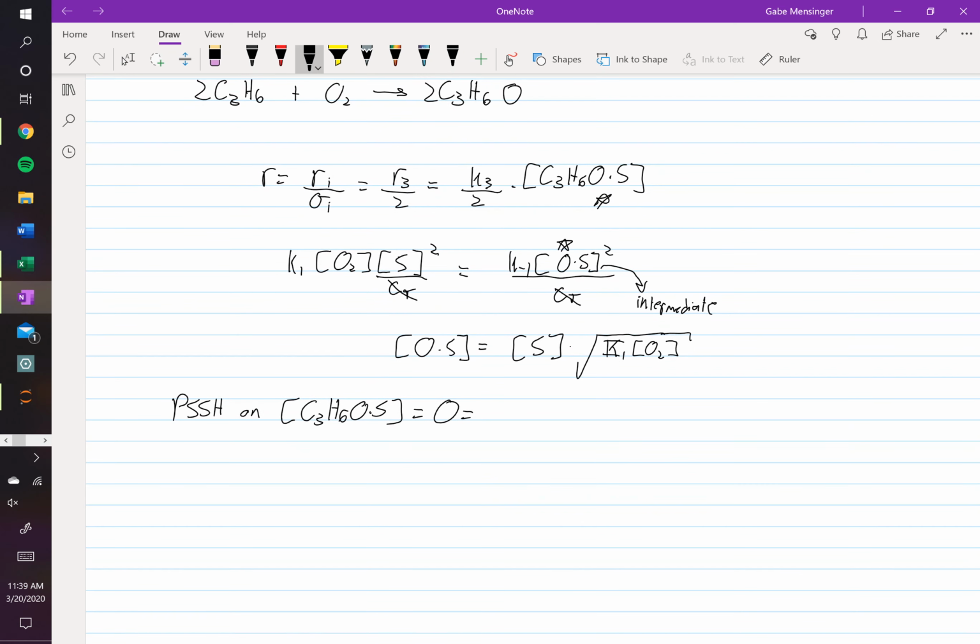For the forward reaction, it's producing it, so it's going to be positive. And make sure I get this right. Times O.S. And since our surface species for this one is to the power of 1, our CT will be to the power of 0, so we don't have to worry about it.